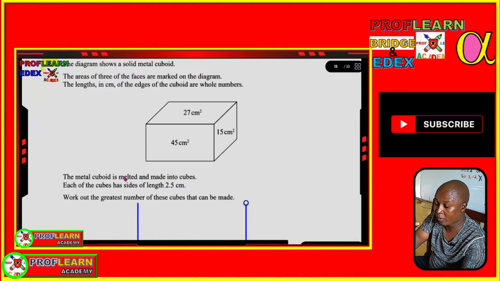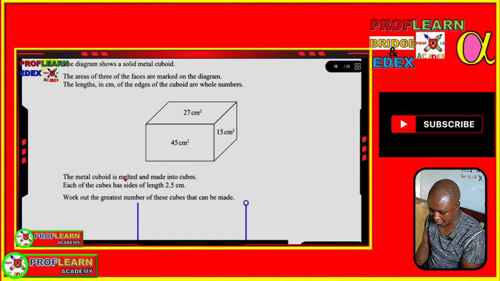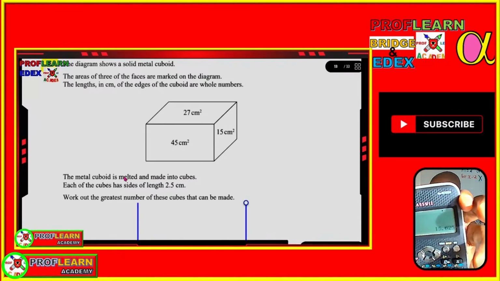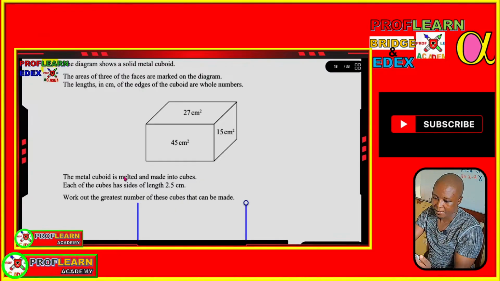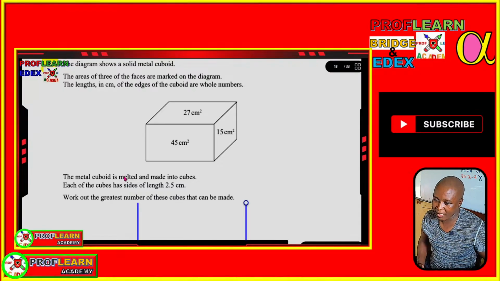So the volume of each cube that is going to be formed is 2.5 raised to power 3, which is 15.625. This means we can work out the number of cubes if we know the volume of the entire cuboid.